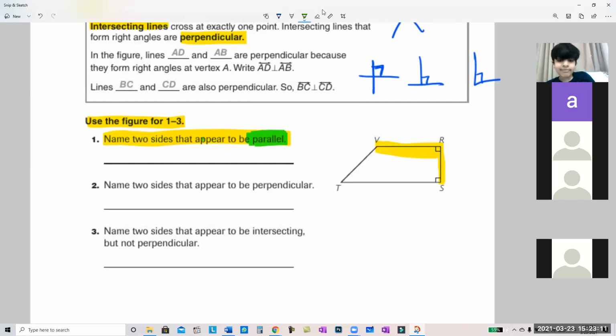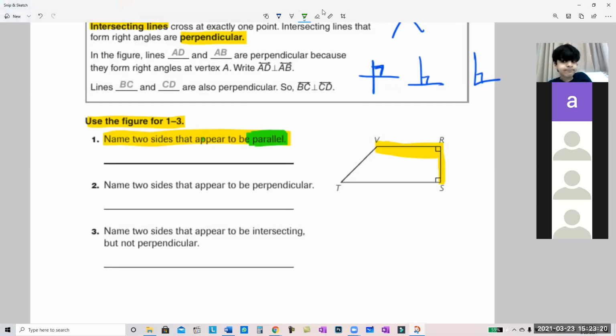Pay attention here. Is this parallel? Parallel means never intersect. Name two sides that never intersect each other. Parallel, like the equality sign. Never intersect like that. That's the meaning of parallel.